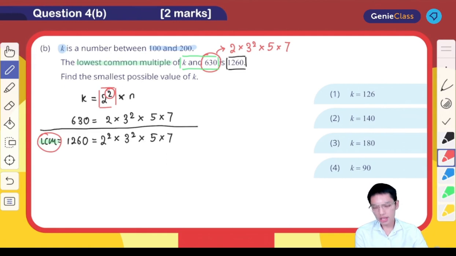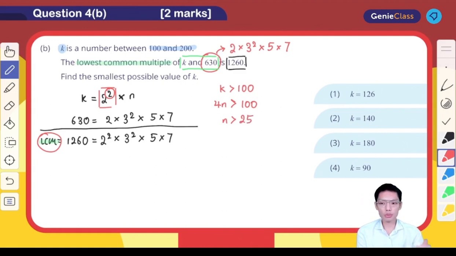Since K has to be greater than 100 and this number is 4, N multiplied by 4 has to be greater than 100, so N has to be greater than 25.